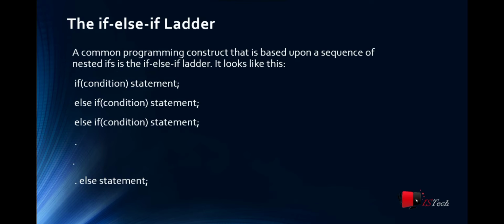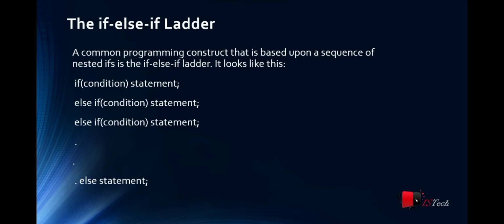If else if. The if statements are executed from the top down. As soon as one of the conditions controlling the if is true, the statement associated with that if is executed, and the rest of the ladder is bypassed.